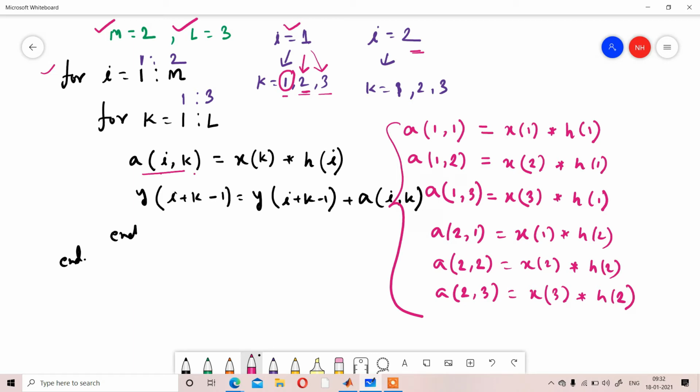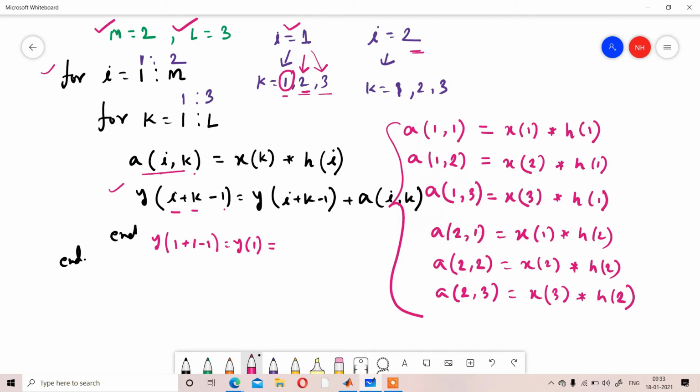Okay. Now we'll see what is happening to y. First value, y I plus k minus 1. So again we'll consider I equal to 1, and for I equal to 1, k equal to 1, 2, 3. So for I equal to 1 and k equal to 1, that is 1, that is 1, minus 1. So y will be y1 plus 1 minus 1, so that is y1.